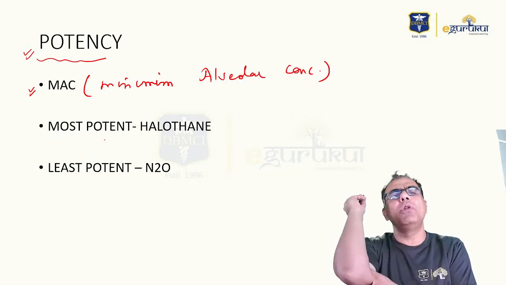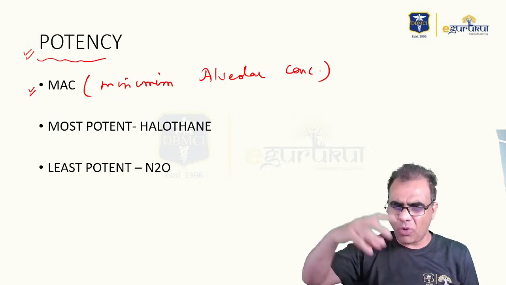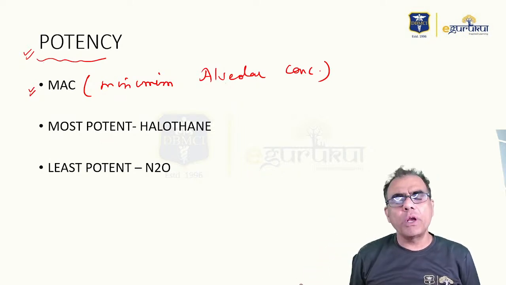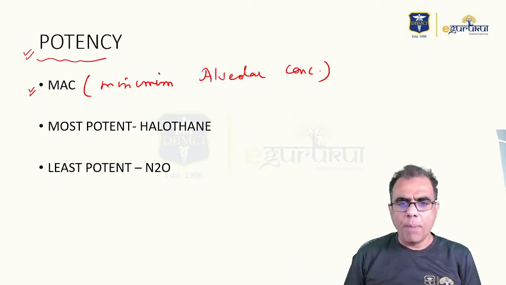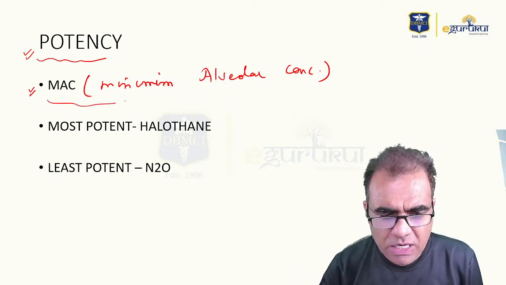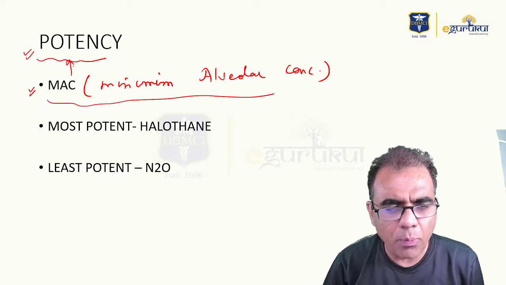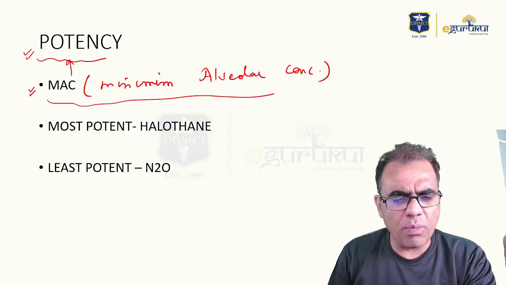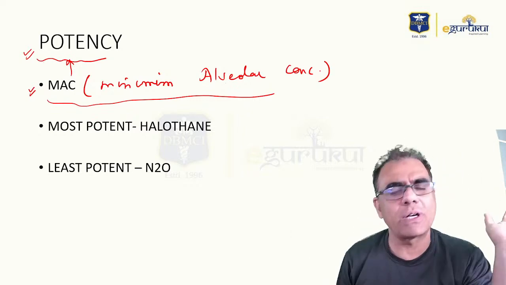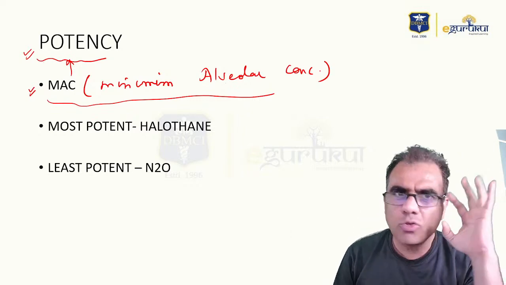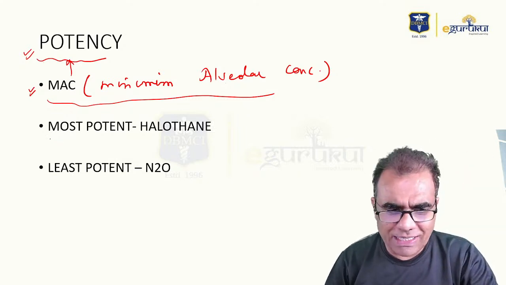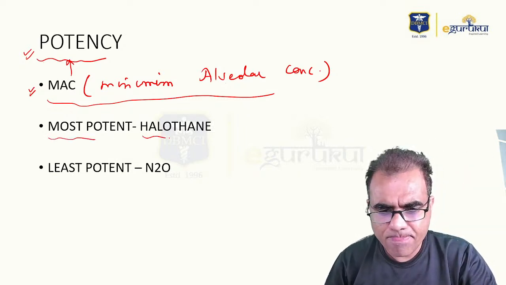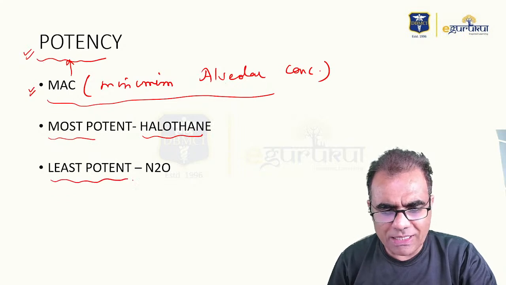So minimum alveolar concentration means the minimum concentration required to produce unconsciousness or effect. It's an indicator of potency. So the only thing you have to remember is most potent and least potent. Forget about everything else. Most potent among the volatile agents is halothane and least potent is nitrous oxide.